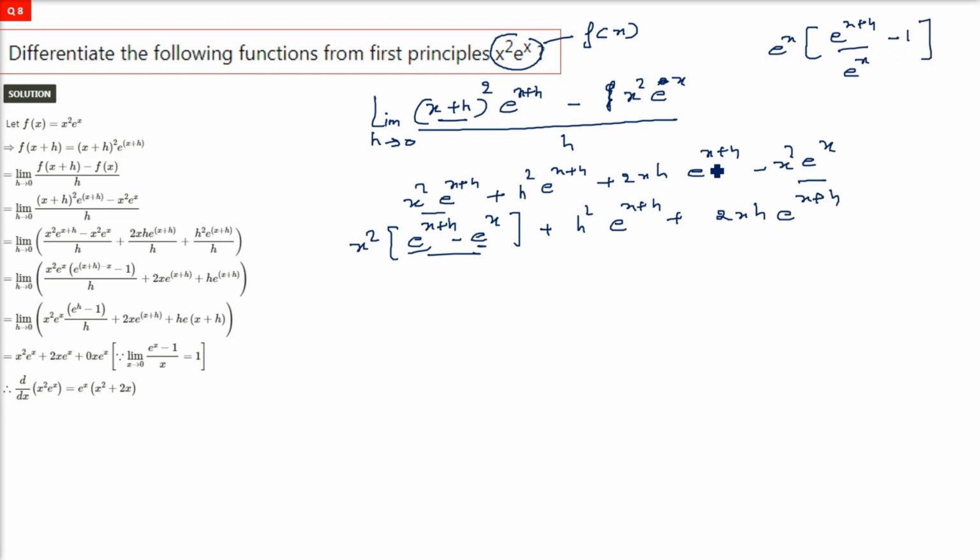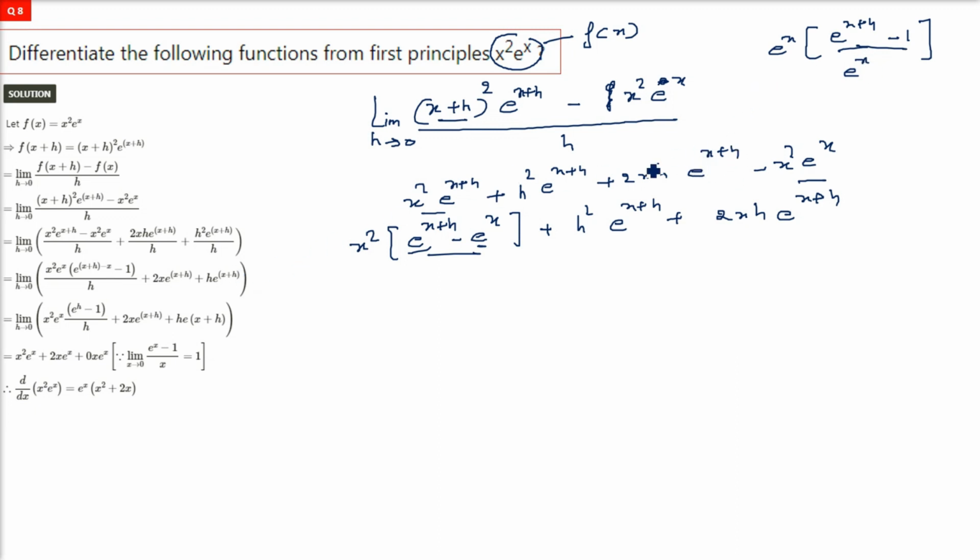Now here we have a relationship, and we used it when we were solving the e raised to the power x questions. The identity is (e raised to the power h minus 1) by h is equal to 1 when limit h tends to 0.